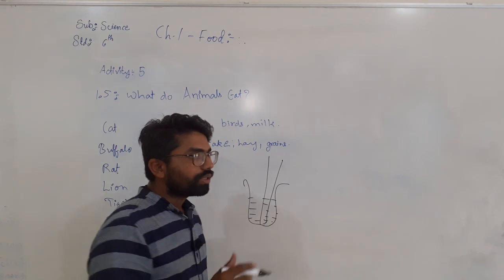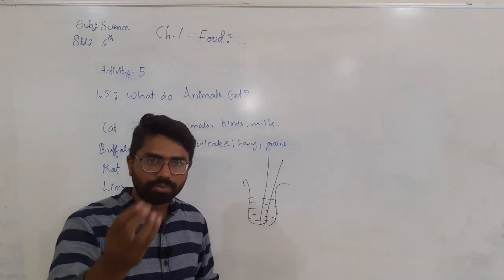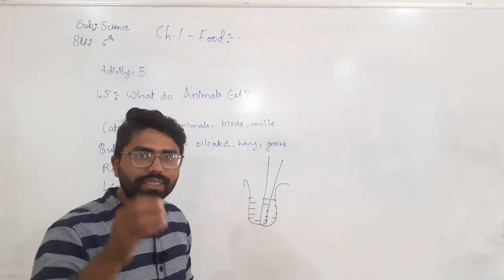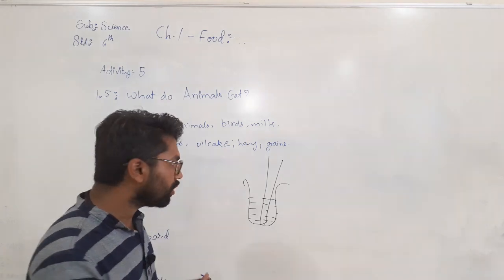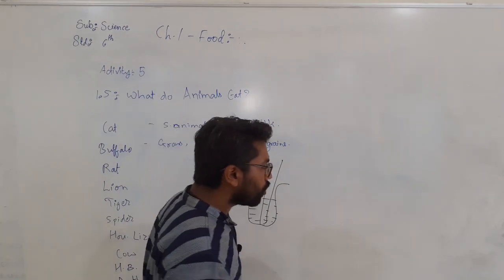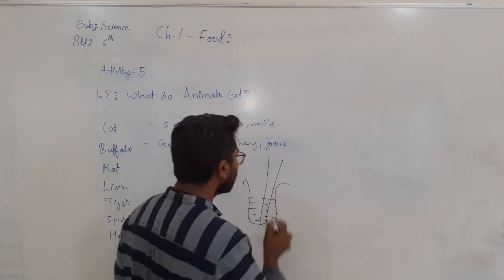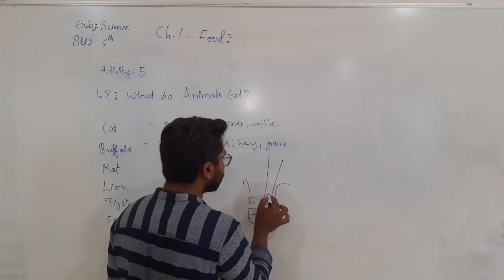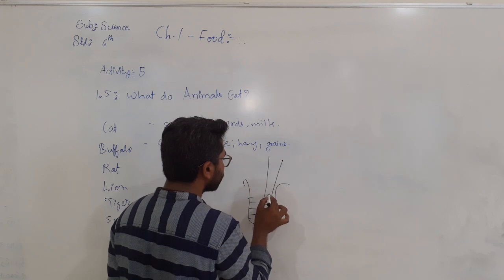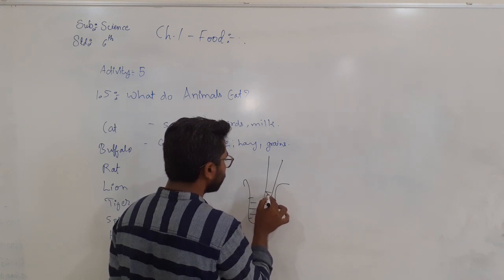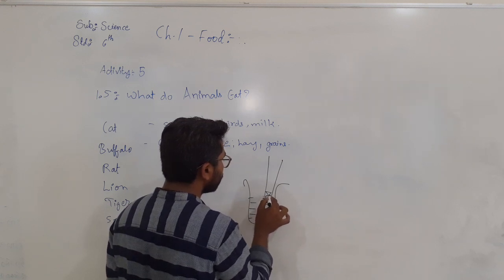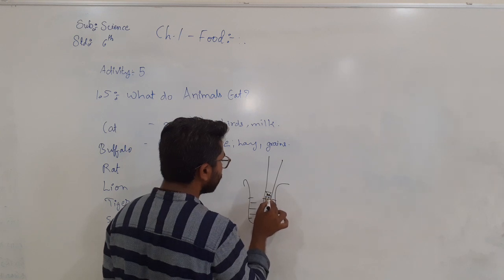Now take some moong dal, and tie it in a piece of cloth. That cloth with the moong, you have to tie here and keep it here. There is moong in this.